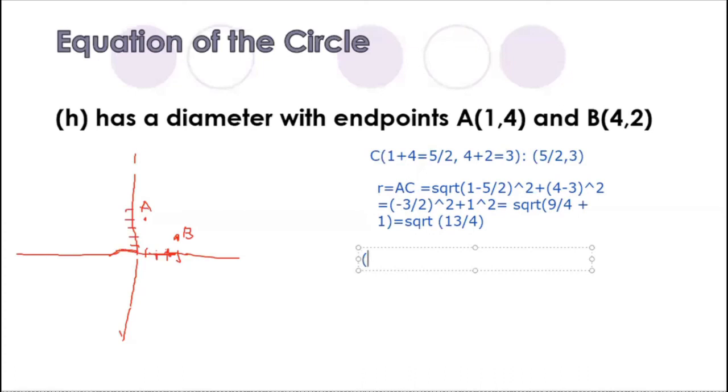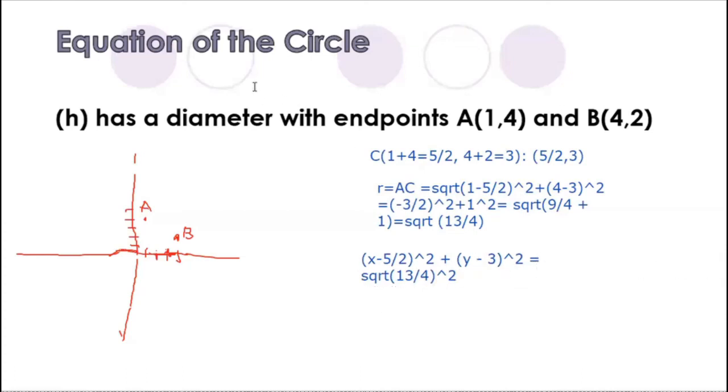And it is x minus yung ating center, 5 halves, then square, at yung y part naman, y minus 3 square equals square root ng 13 over 4 square. Okay?